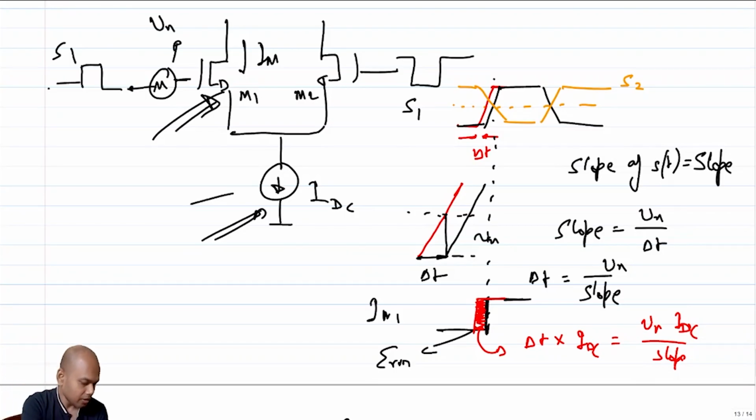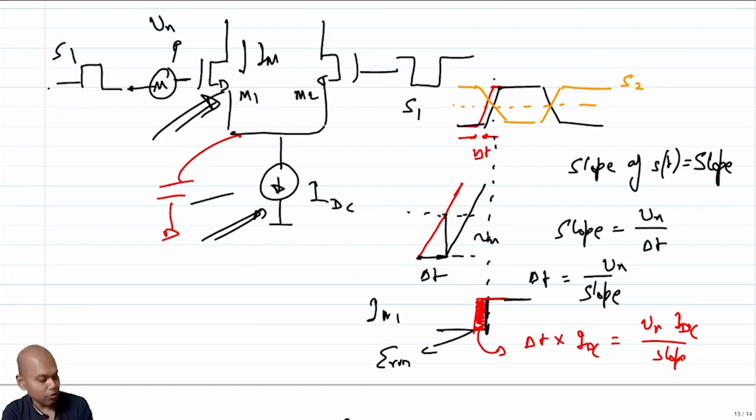There is another issue with these types of mixers. I will not explain too much, but let you know, so that if you are designing it, you should look out for it. There will be a capacitor associated with this node, and if you increase the sizes of M1 and M2, obviously the capacitor at that node will also increase. Now when the device switches, clearly when M1 is VDD and M2 is ground, then M2 is cut off and M1 is in linear.